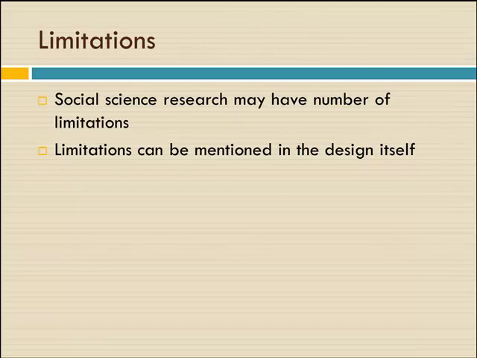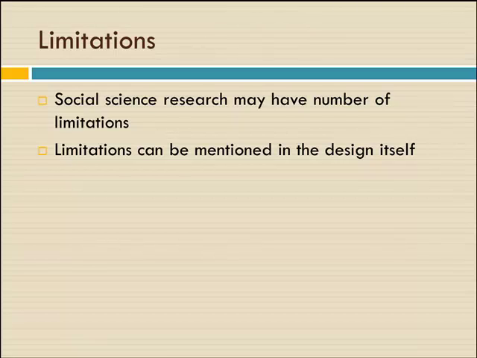So limitation gives the narrow scope of the research. He is starting with a point. It is not a wider area. He is interested in finding a solution for a single problem, or two or three problems connected in a single issue. So there is no need for him to touch other things, which can be given in the form of limitations of the study.